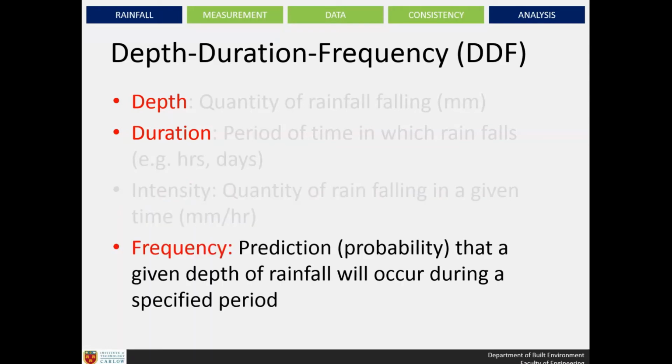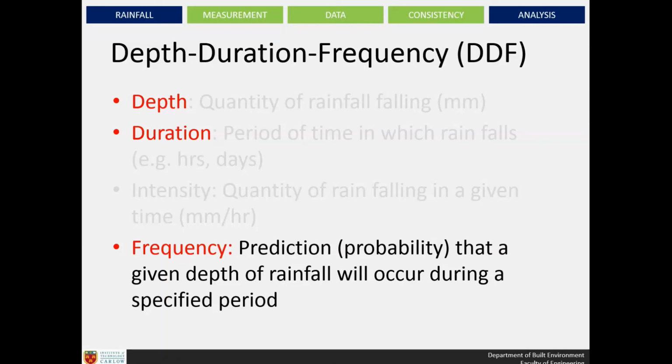And finally, frequency, which is a probability. It's a measure of probability that a given depth of rainfall will occur during a specific period. And the frequency analysis is based on statistical analysis of long-term series. So you're looking at the distributions of rainfall events over hourly, daily, and so on.